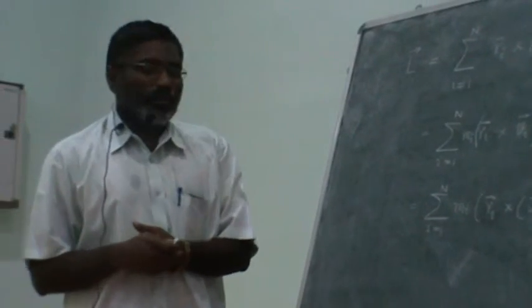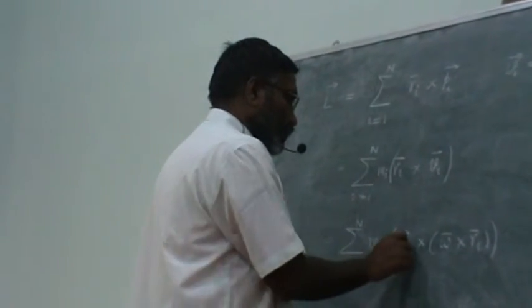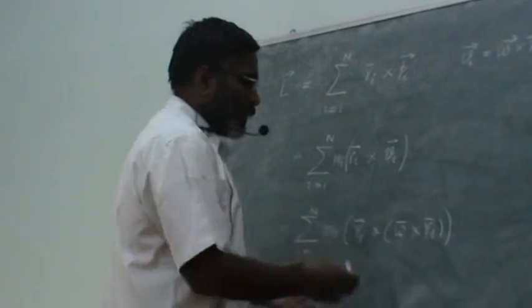So this is for a system of particles, not necessarily a rigid body. Omega is a constant angular velocity for all the particles of the system. Now you can expand this using a vector identity.